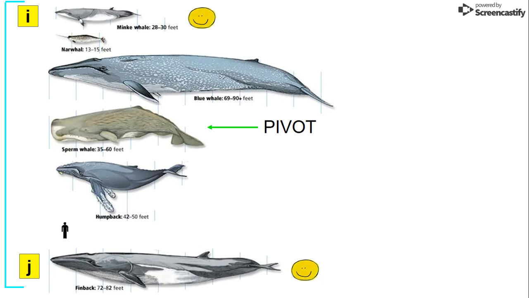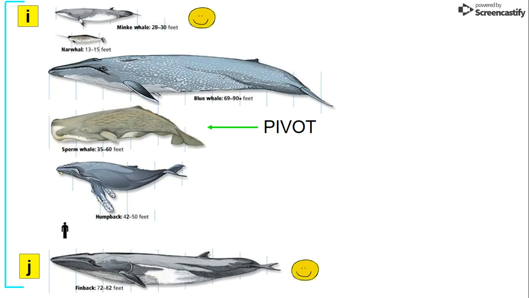So since the minke whale is smaller than the pivot, that means we're going to increment I. Similarly, with J, we decrement J if the whale at J is larger than the whale at the pivot.